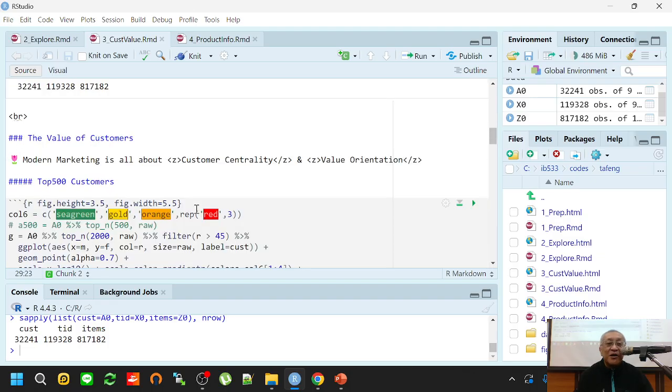In modern marketing, there are two most important concepts, two most important principles. The first is customer central, and the second is value oriented.